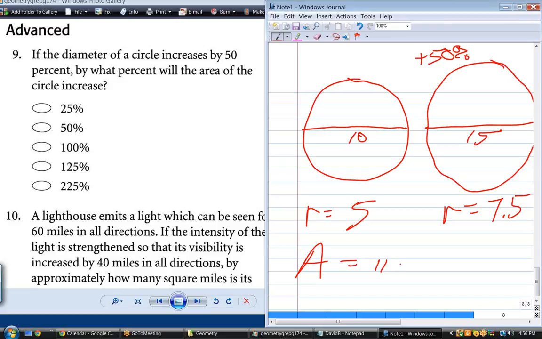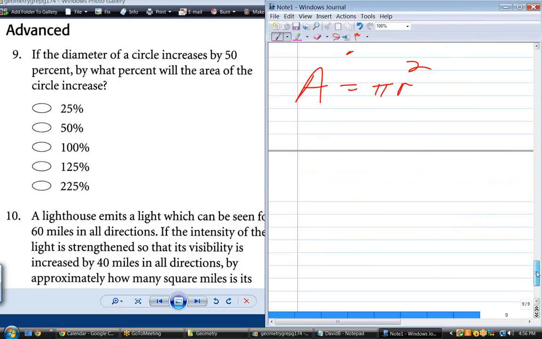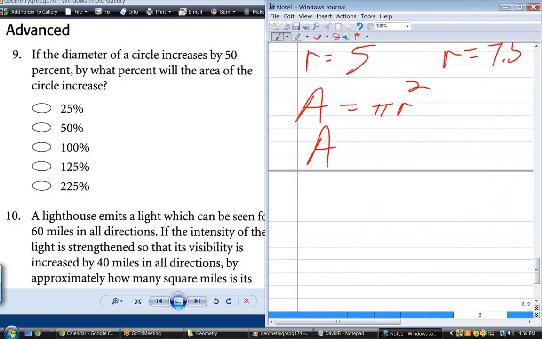A equals pi r squared. Well, pi 1.5 r squared. So A equals pi, and in parentheses, 1.5 r squared. It's important to put that whole thing in parentheses because we do need to square the 1.5.